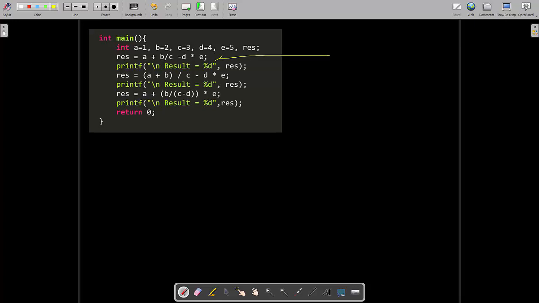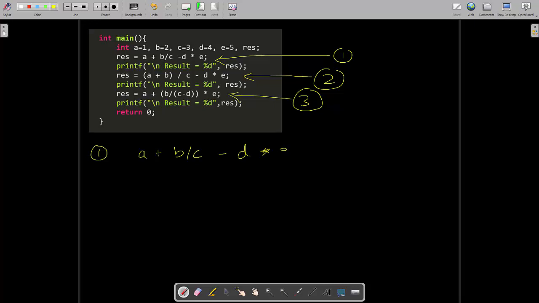This is expression 1, this is expression 2, and this is expression 3. We have to find the result after every expression. So let us find the result for the first one. The first one is a plus b divided by c minus d into e.